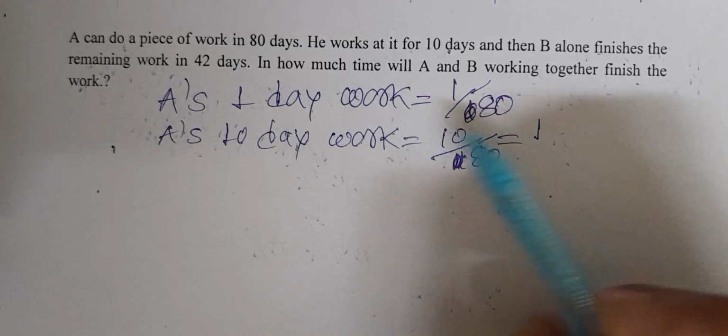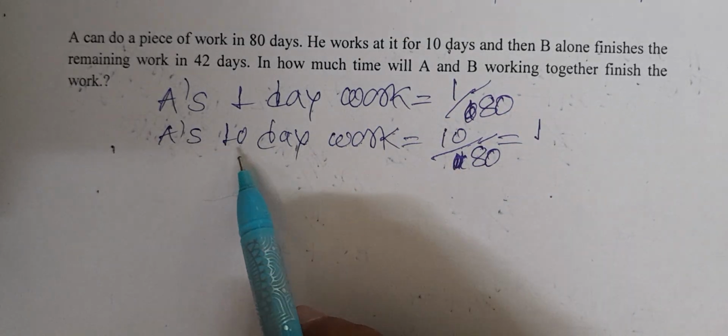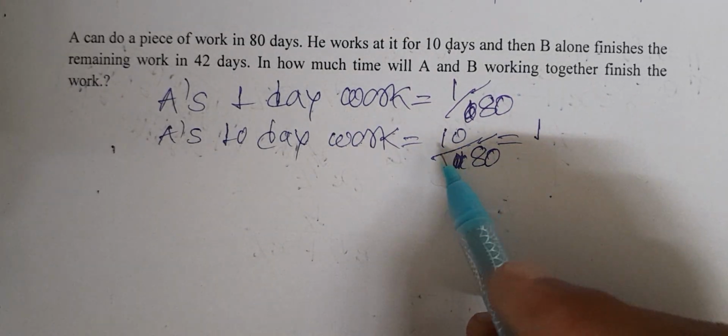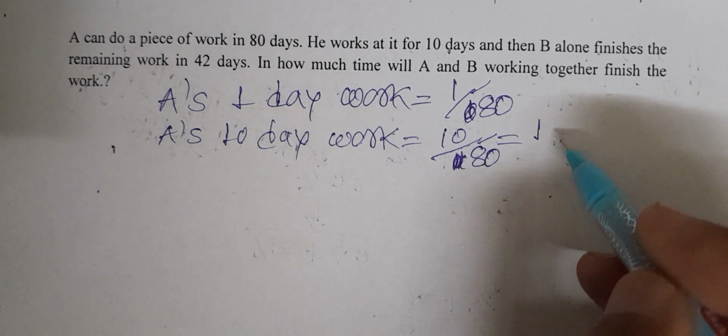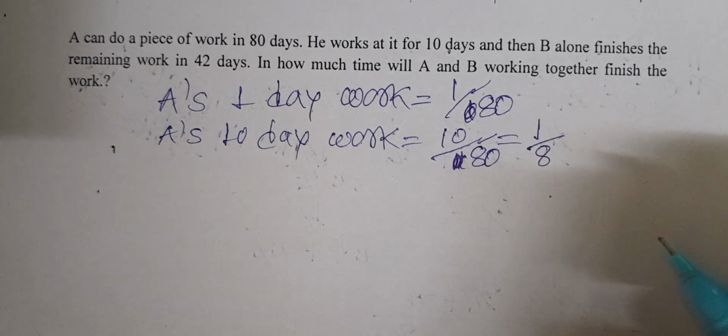A's one day work is 1 by 80. A's 10 days' work is equal to 10 divided by 80, so it is 1 by 8.